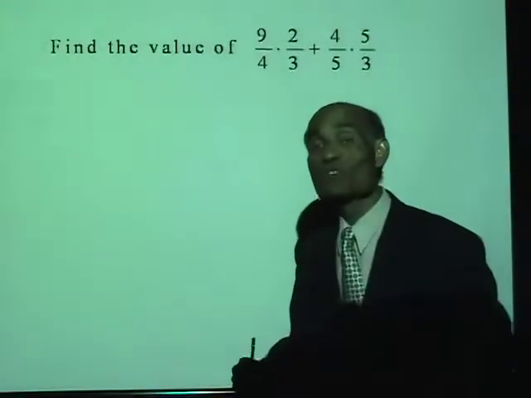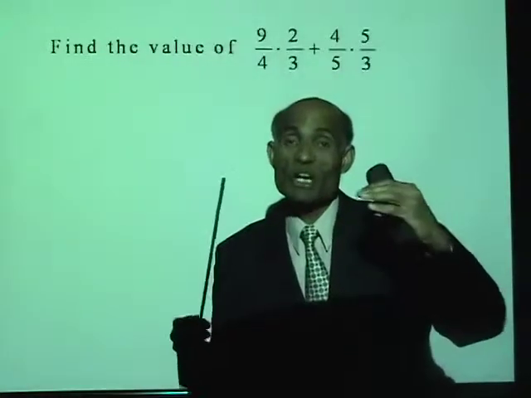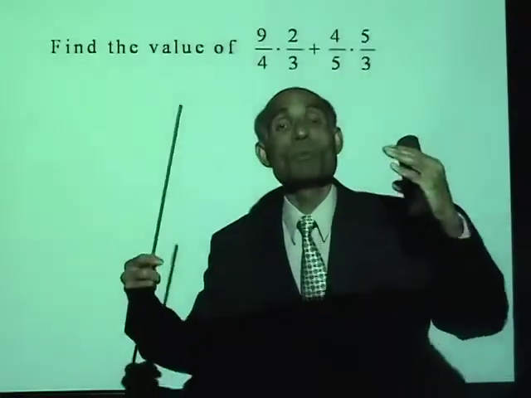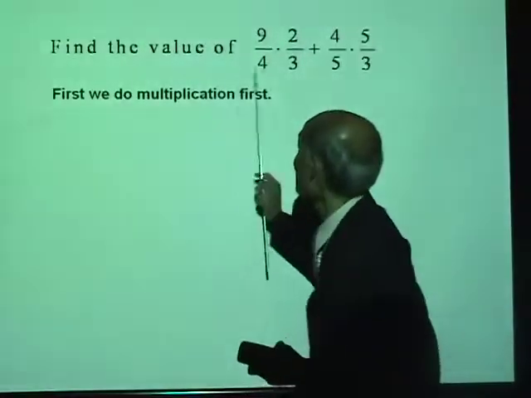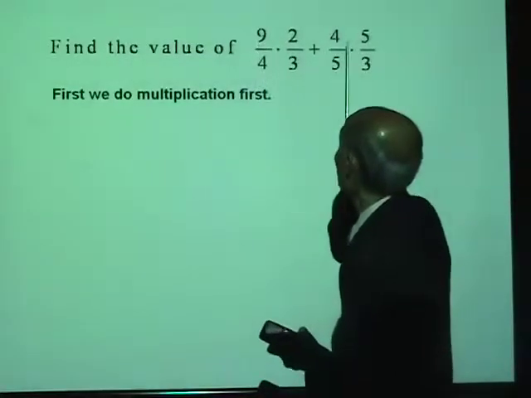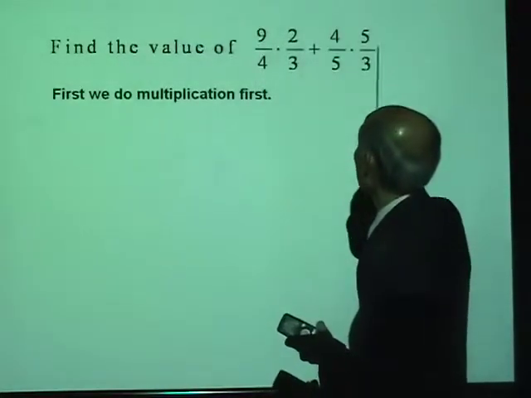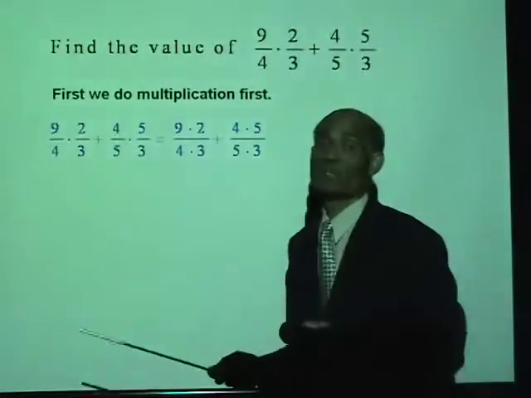What do you do first? When you have multiplication and addition, you do multiplication first. So we multiply these two numbers, then we multiply these two numbers, and then add them together.